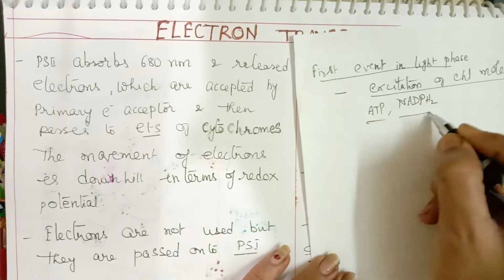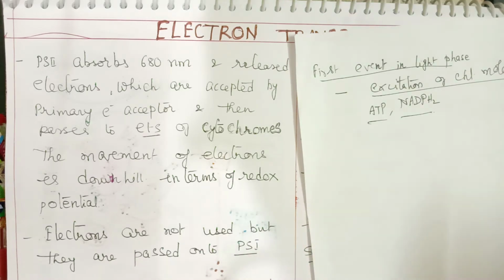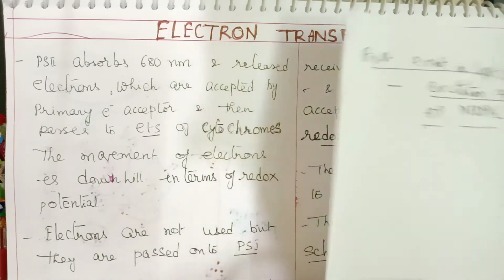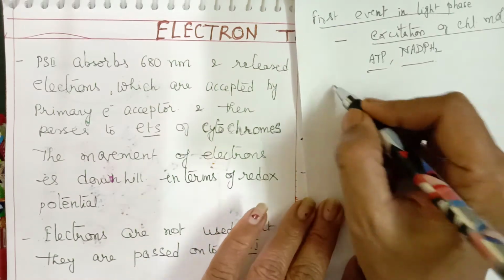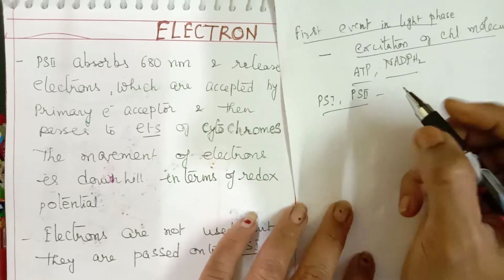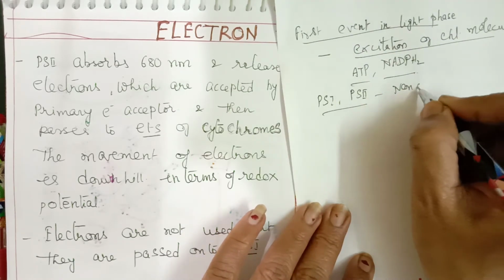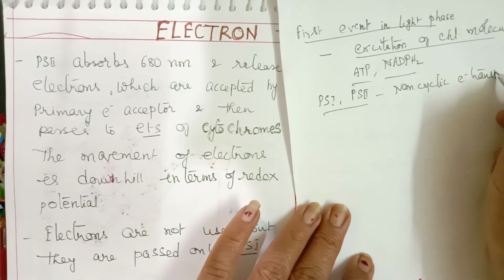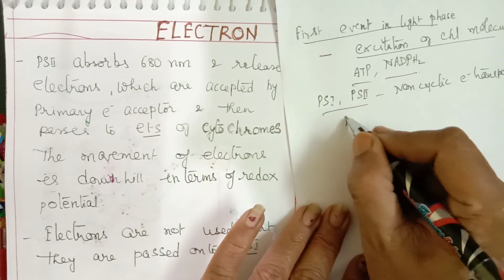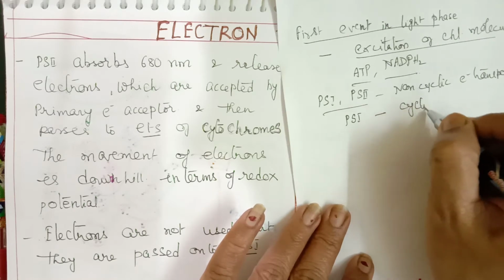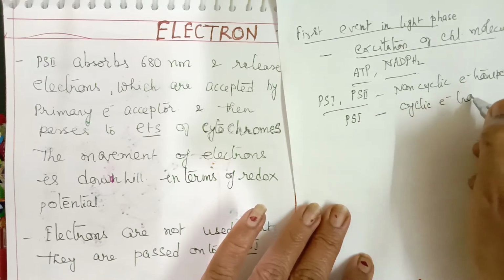Earlier we discussed that there are two photosystems involved in electron transport, which is the most common type, and there may be one photosystem also. Wherever two photosystems are involved, that is photosystem 1 and photosystem 2, we name it non-cyclic electron transport. And if only one photosystem, that is photosystem 1 only, is involved, then it is called cyclic electron transport.